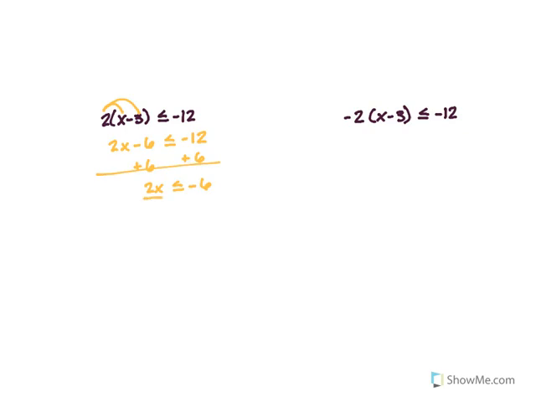And divide by 2. So you can see you get the same answer either way. Your graph is exactly the same. 3 is included, and x is everything less than that.